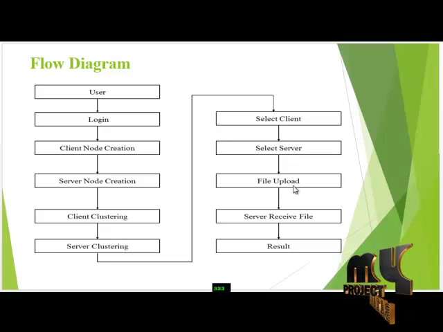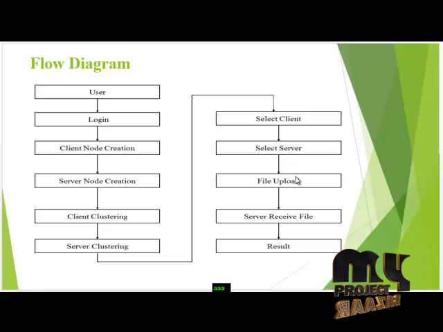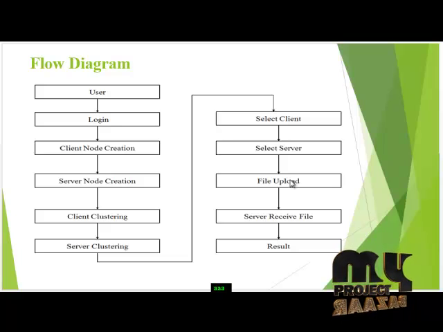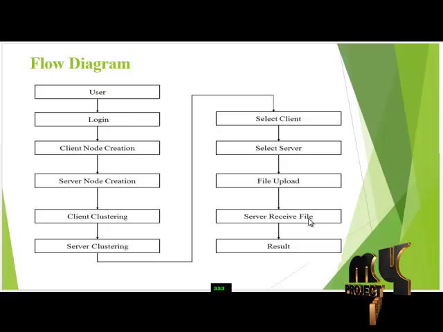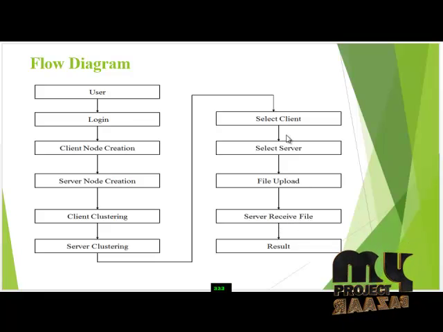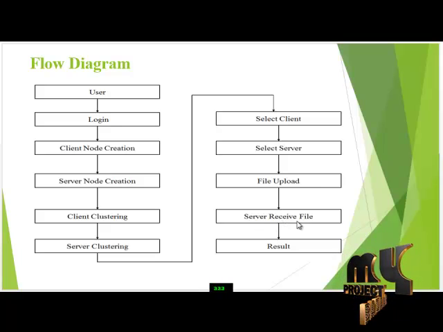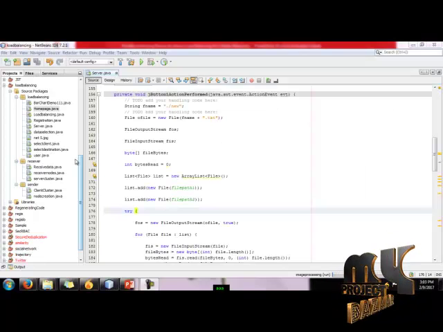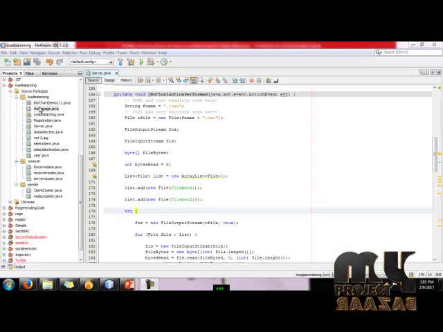Next is file upload, where the client can select the file for transmission. Next the server receives the file, which means the client sends the file and after that the server receives it. Next we are going to retrieve our results. Next we are going to run our project.